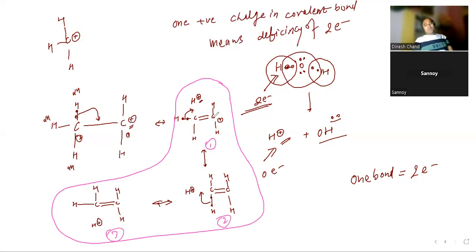So one positive charge is rotating on 4 atoms: one on the carbon atom here, then second, third, fourth on the hydrogen atoms. This is the 3 hyperconjugating structures. Can you understand? Understood. Okay. So the concept is: greater the hyperconjugating structures, greater will be the stability of the compound.